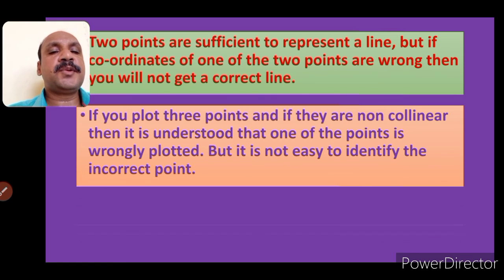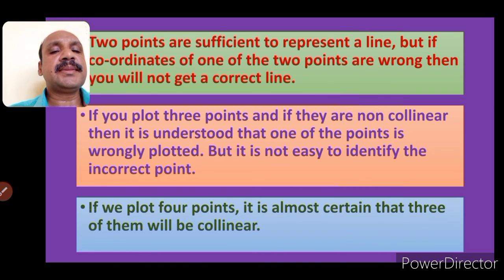Okay, now next point, if we plot 4 points, it is almost certain that 3 of them will be collinear. That means our graph becomes a straight line.